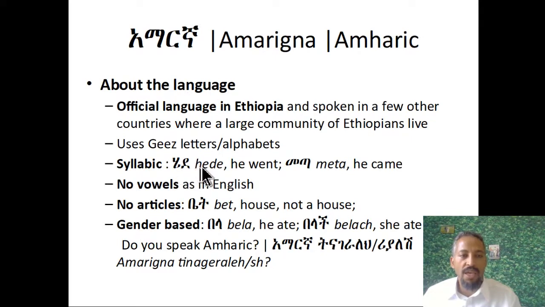Like "he", you see here, H and E are merged into one symbol in Amharic. "Hede" means he went. "Me" is one distinct sound, a combination of a vowel and a consonant sound. "Ta" is again a distinct sound. "Meta" means he came.